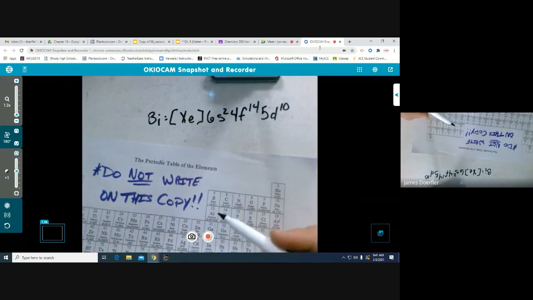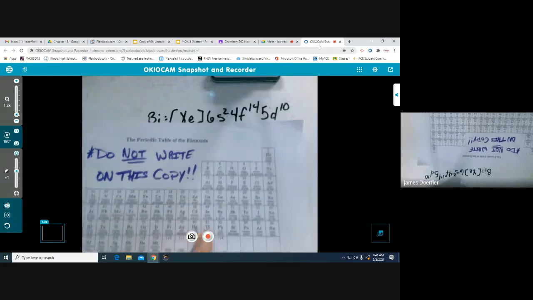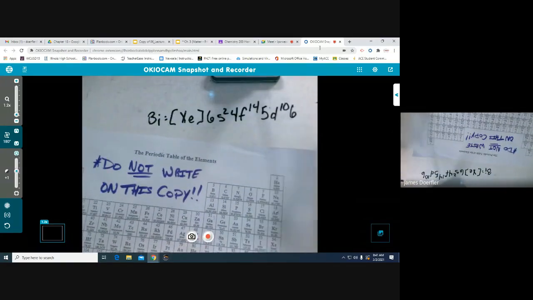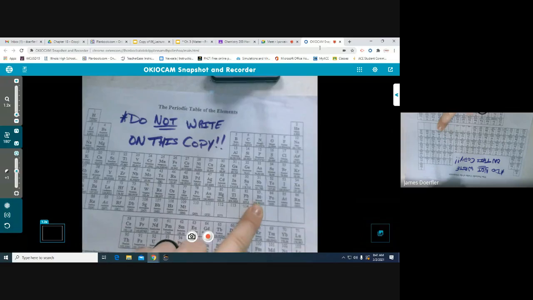So here I am at mercury. Then I cross into what block? The P block. But what's my energy level this time? I'm back to the 6, back to the normal. 6p, 1, 2, 3.